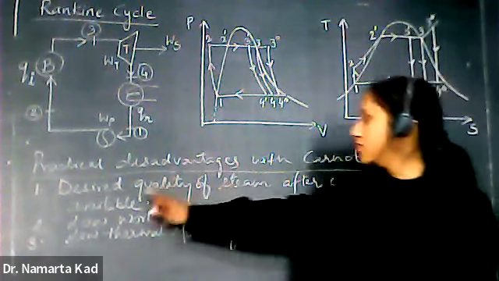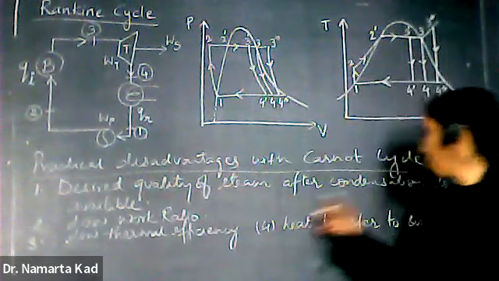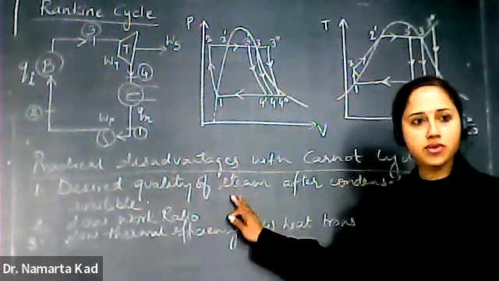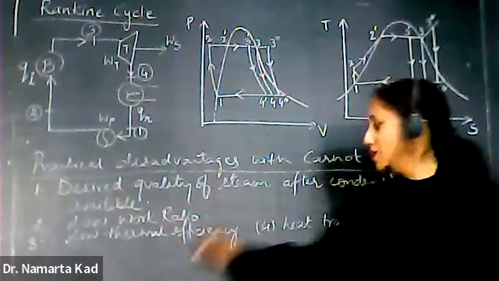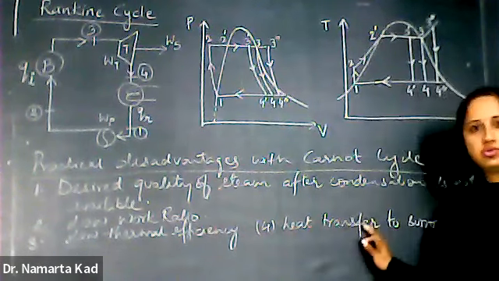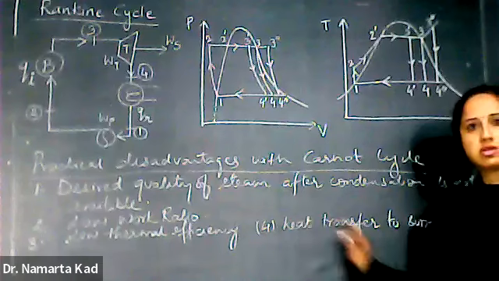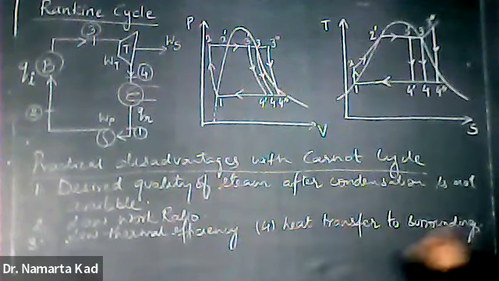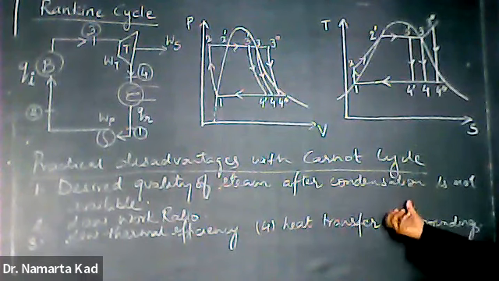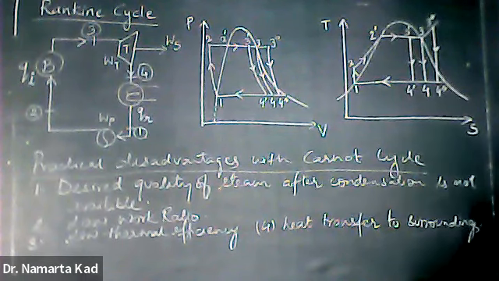The first is that the desired quality of steam after condensation is not available, then low work ratio, then low thermal efficiency, and finally heat transfer to the surroundings. These types of losses are there, so it is not feasible to use the Carnot cycle for the practical case of a thermal power plant.